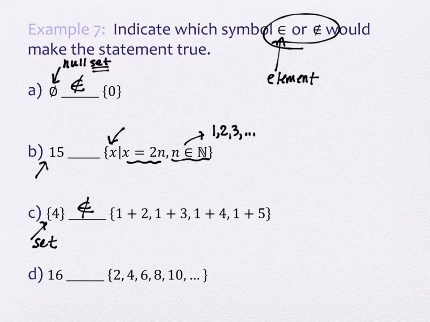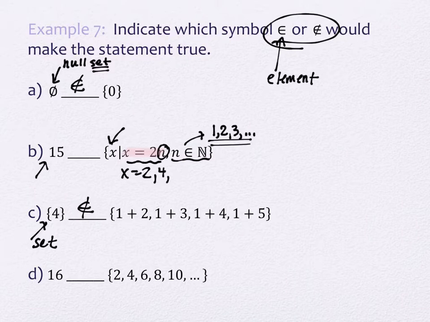Natural numbers look like this, right? 1, 2, 3, 4, and so on. So if I'm taking each of my natural numbers and evaluating it into this equation, all we're doing is replacing the letter n with the values that we're letting n equal. So when I plug in the number 1 and multiply it by 2, I get 2. If I plug in the number 2 and multiply it by 2, I get 4.